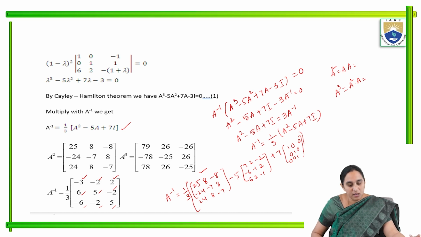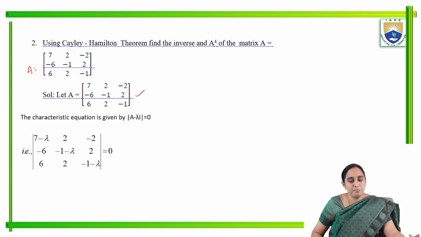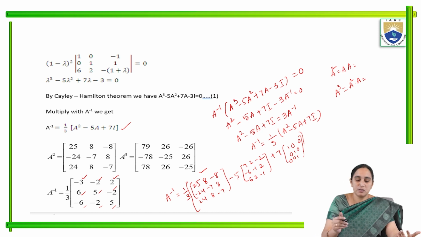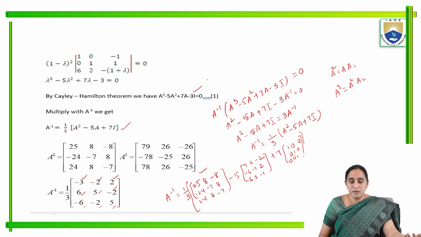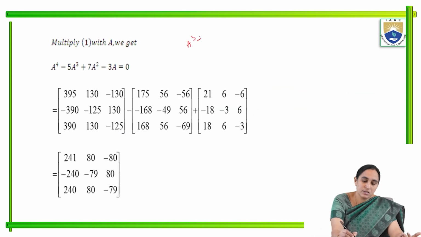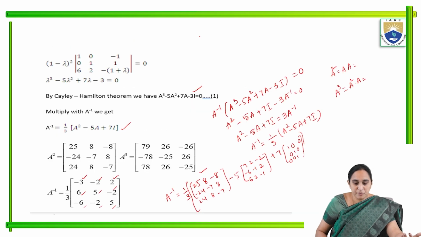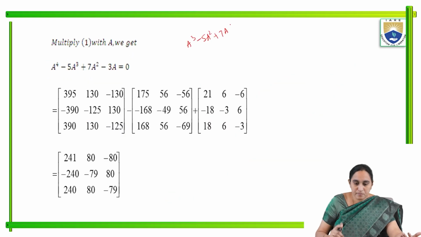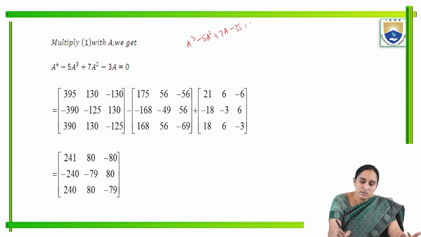In the same question, they are also asking us to find A power 4. Again, using the Cayley-Hamilton theorem, the characteristic equation is A cube minus 5A square plus 7A minus 3I is equal to 0.